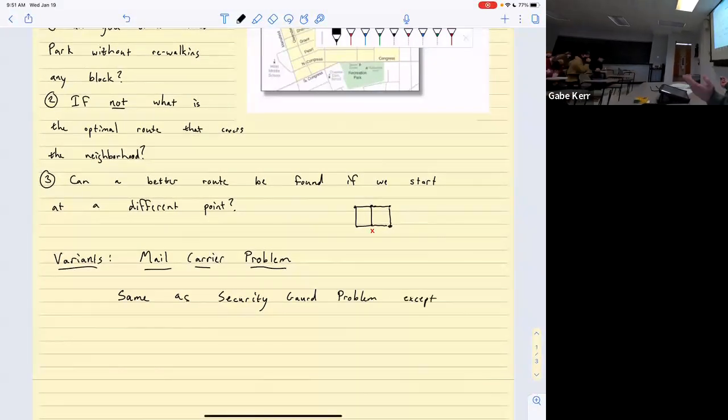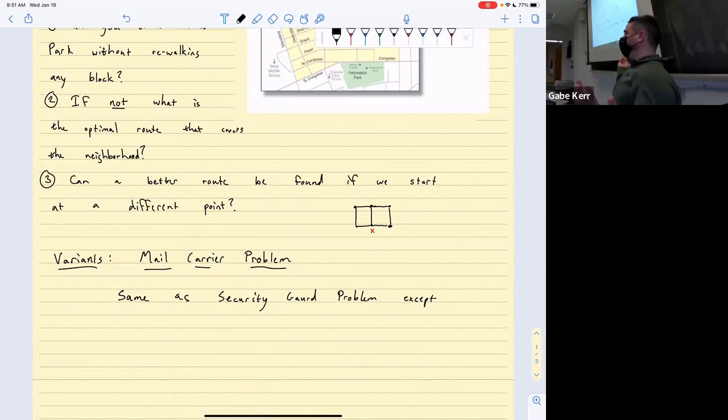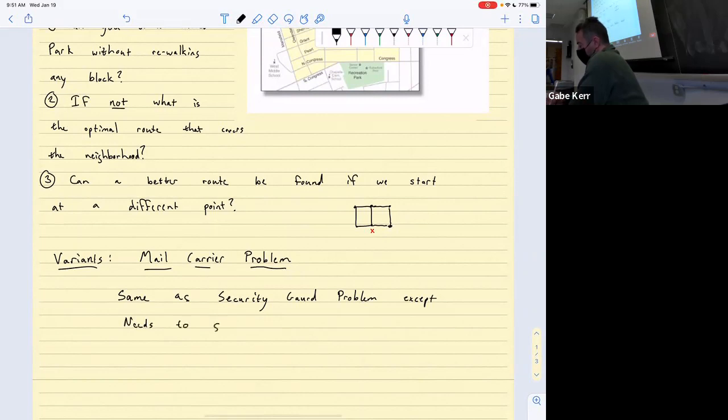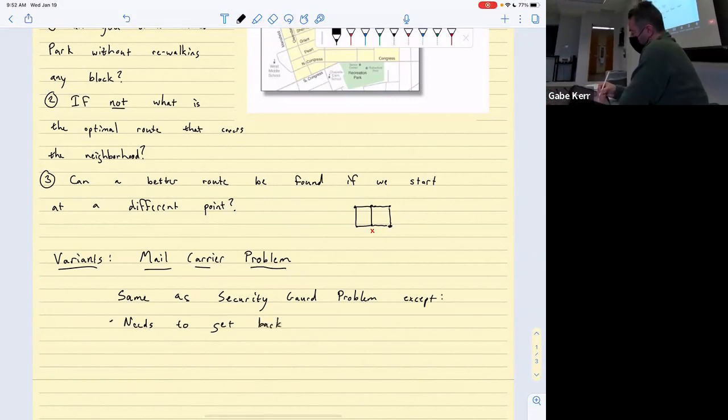The mail carrier does need to get back to where they start. They start, let's say, at the post office. So they need to get back to the starting point.